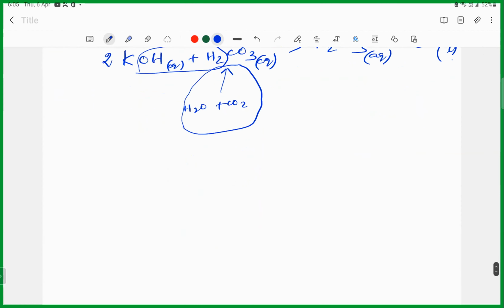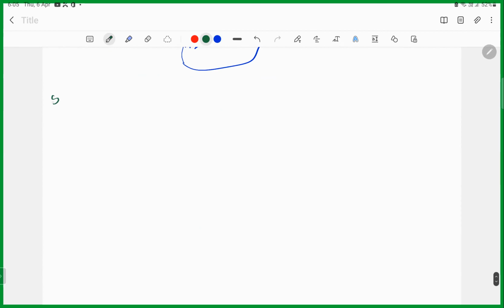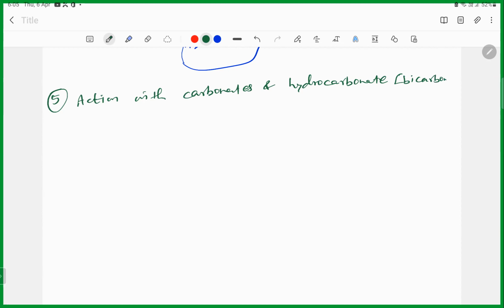And then the reaction with carbonates and hydrogen carbonate, or bicarbonate. Students, listen. CO2 is carbon dioxide.